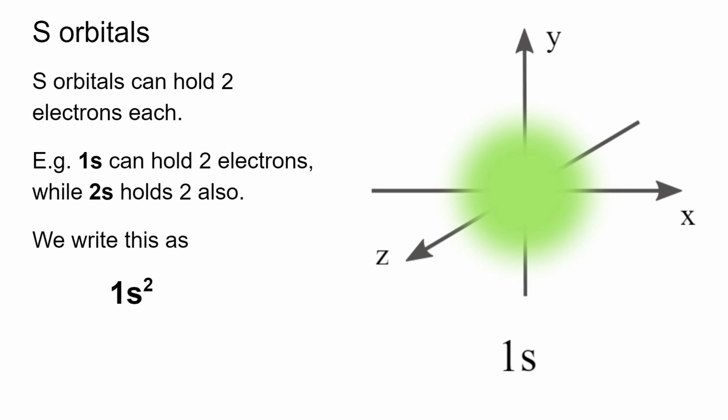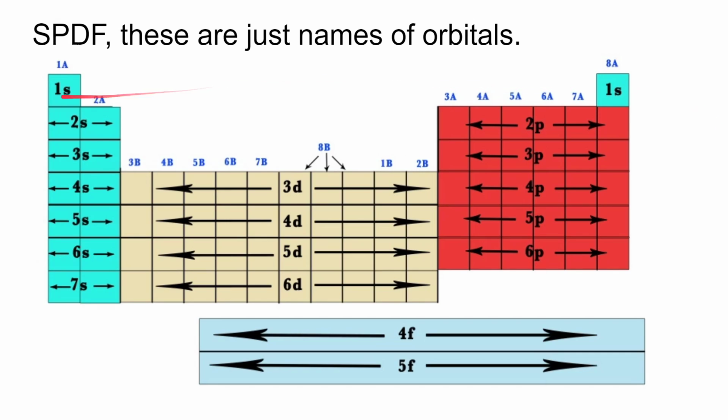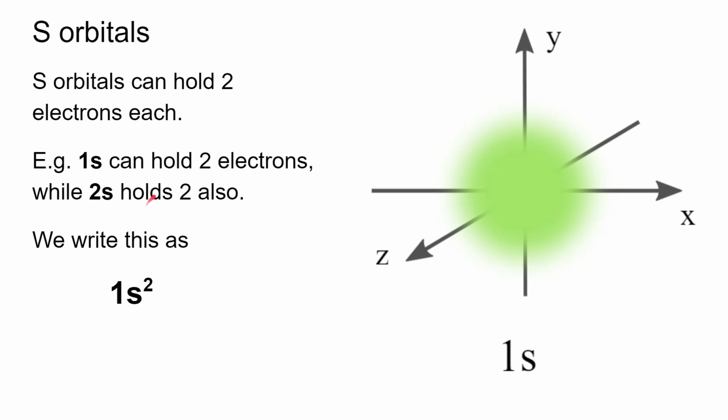So, this is what you have to take down in your books as notes. S orbitals. They can hold 2 electrons each, e.g. 1s, which is here, can hold 2 electrons, while 2s also holds 2. We write this as 1s2.